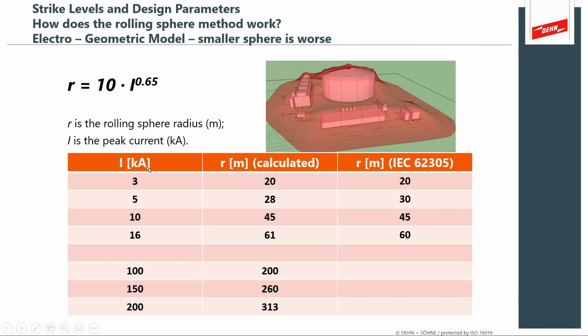It's a fairly good approximation, but what's important is that it also agrees between the IEC and the NFPA methods, and British standards. They have a very similar 45-meter LPL3 class of lightning. And when you apply a 45-meter rolling sphere, you get a reasonable correlation between NFPA and IEC methods.